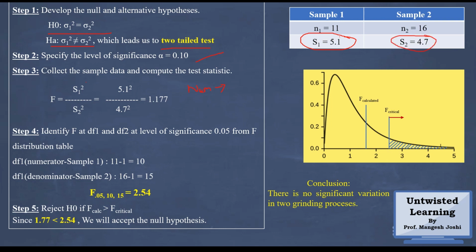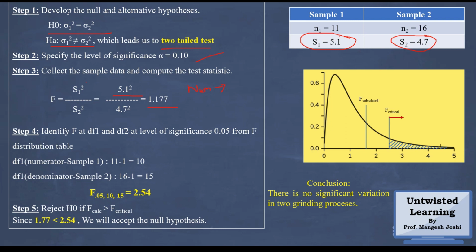Whichever is the largest value between S1 and S2, you have to keep it as numerator. Since 5.1 is the highest value, I have kept it in the numerator. So 5.1 square divided by 4.7 square comes out to be the calculated F value, 1.177.